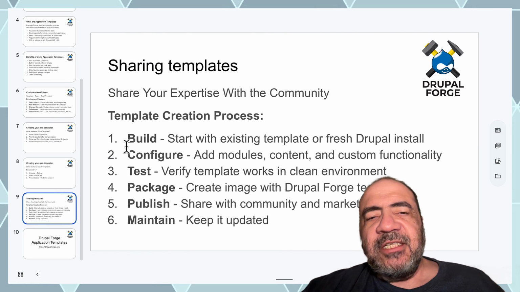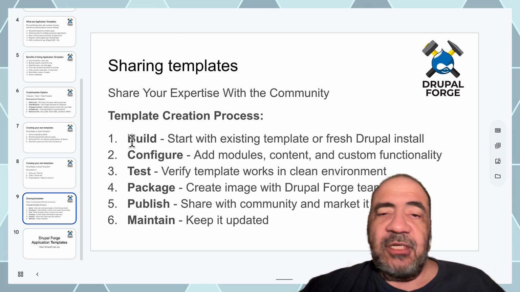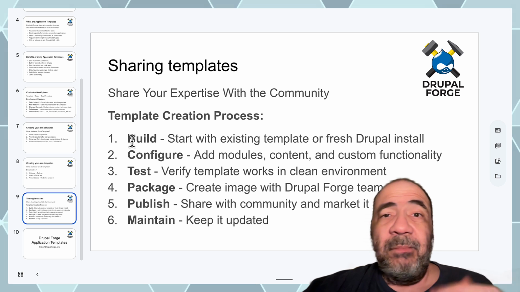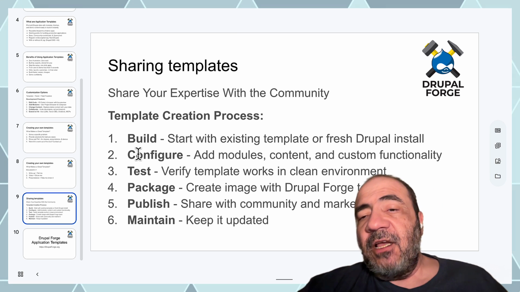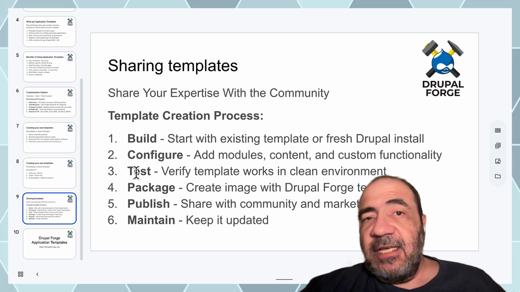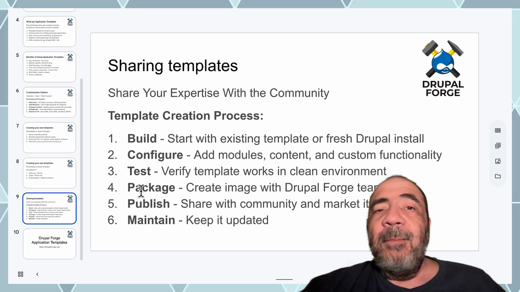When you're ready to share your template, the process is to build your template. You start with an existing Drupal site or you start with an existing template and you build on it. You configure it, add modules, add content, whatever custom functionality you want to add to it. Test it, make sure it works well, have other people test it as well. Package it.